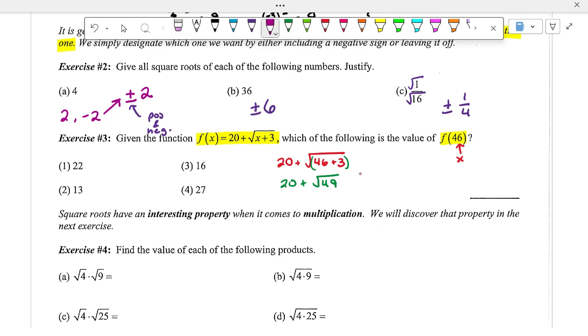Now, technically, this square root is considered an exponent, which we'll learn about a lot later, but it is technically considered an exponent because it undoes a square, which is an exponent. So we have to do that square root next. What's the square root of 49? 7. So this would be 20 plus 7. So what's my answer? 27.